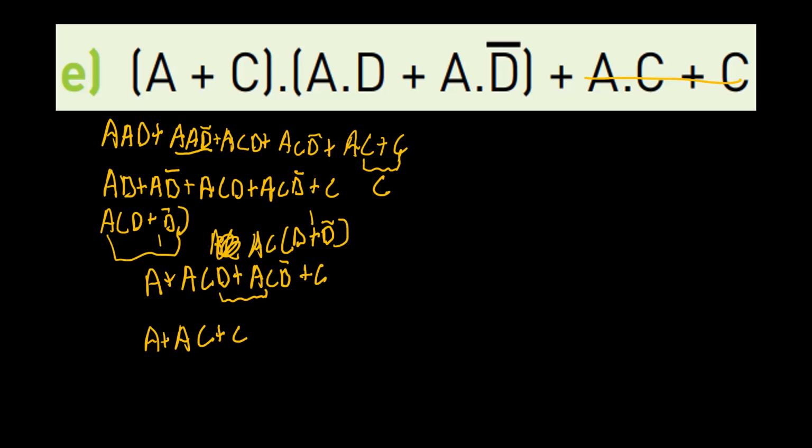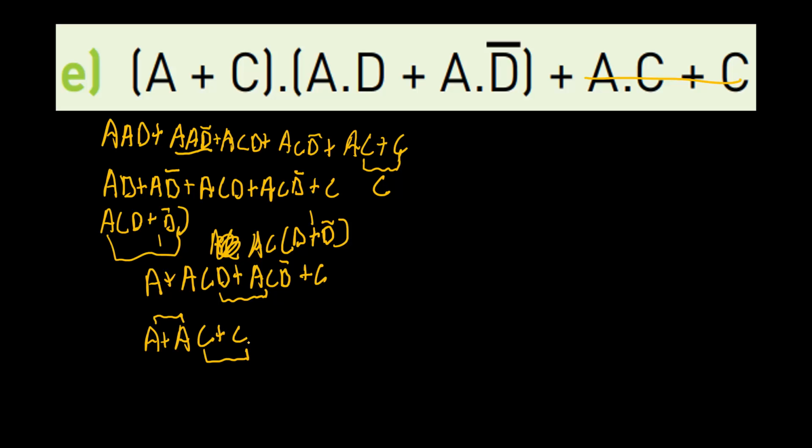Now here you get something that's interesting, and I want to point this out. Here we have the absorption rule. I can do this one, or I can do these two. You only get to pick one. You don't get to pick both. And it doesn't matter which one you pick, because by the associative law, both of these will work.